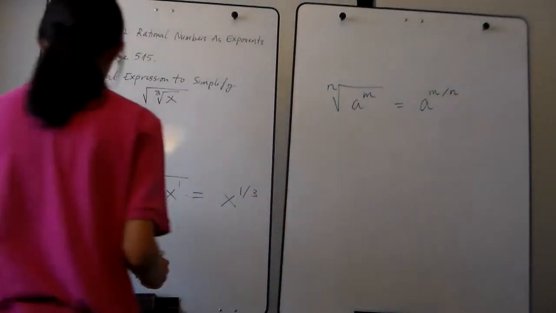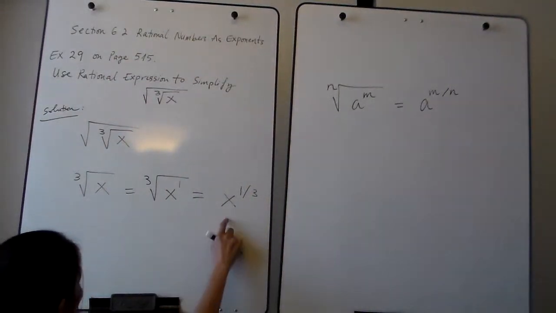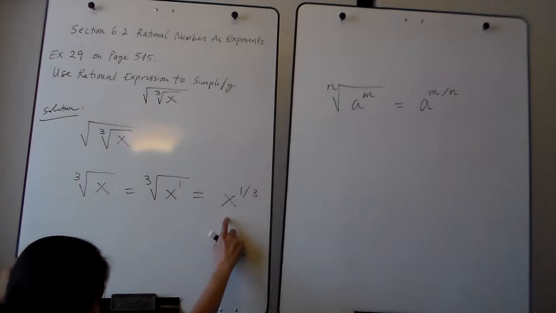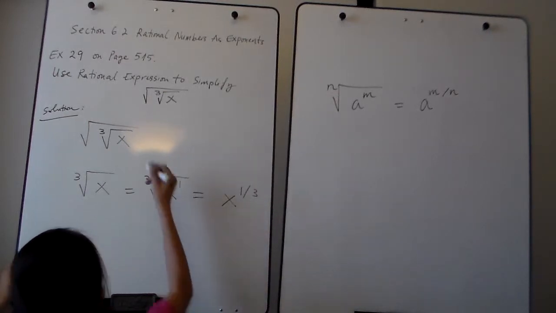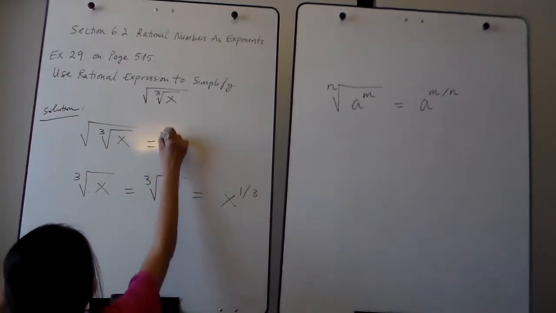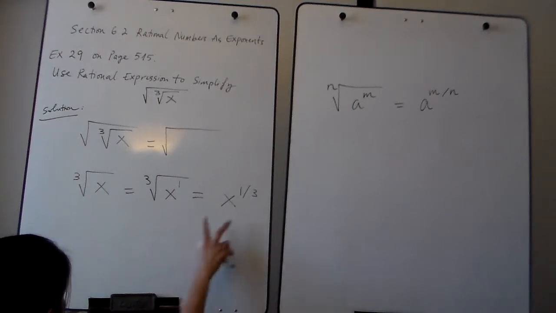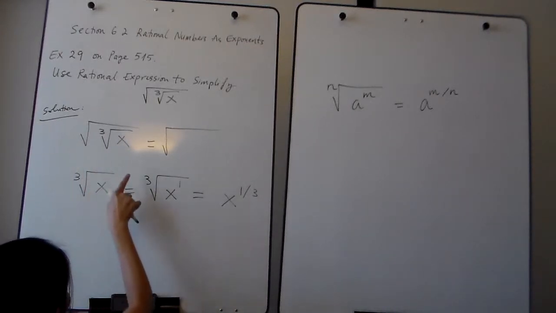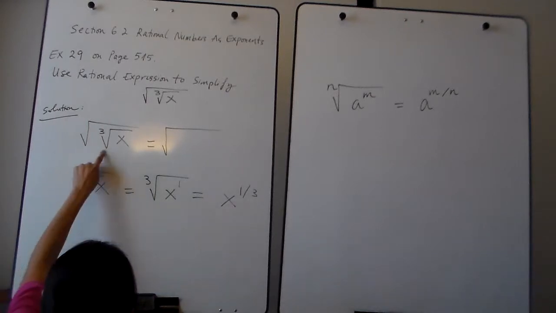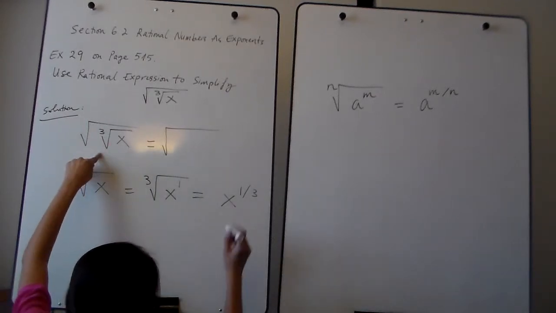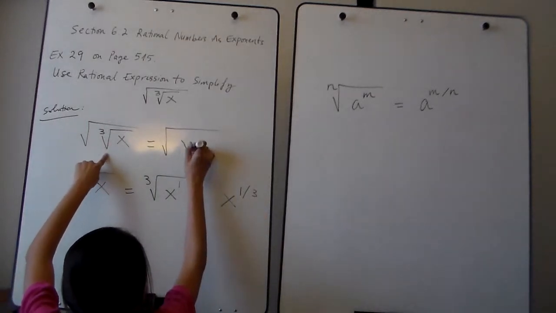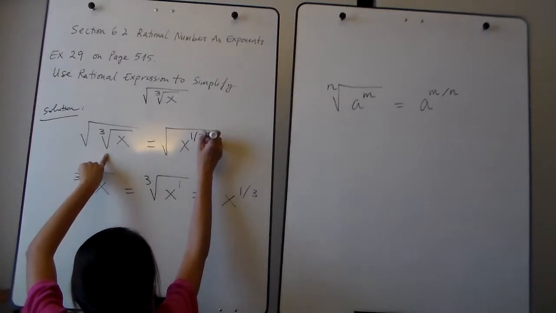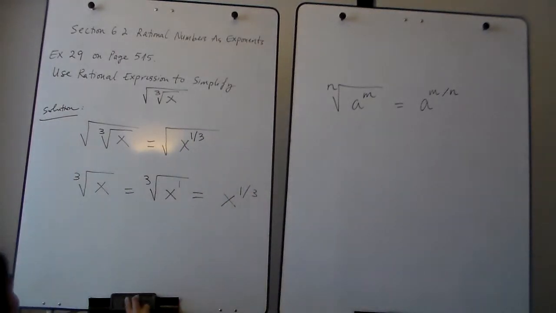So the cube root of x is simplified to the exponent form, which is x raised to 1 divided by 3. Then I will replace this for this cube root right here. Okay? And this is the inner radical. So replace this with this, I get x raised to 1 divided by 3. Okay?